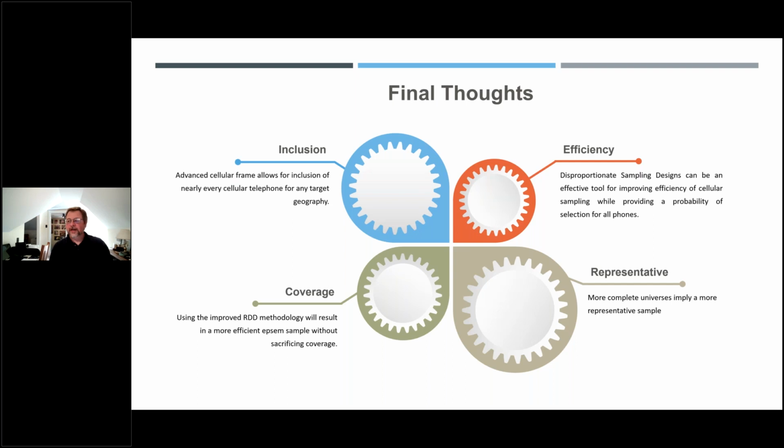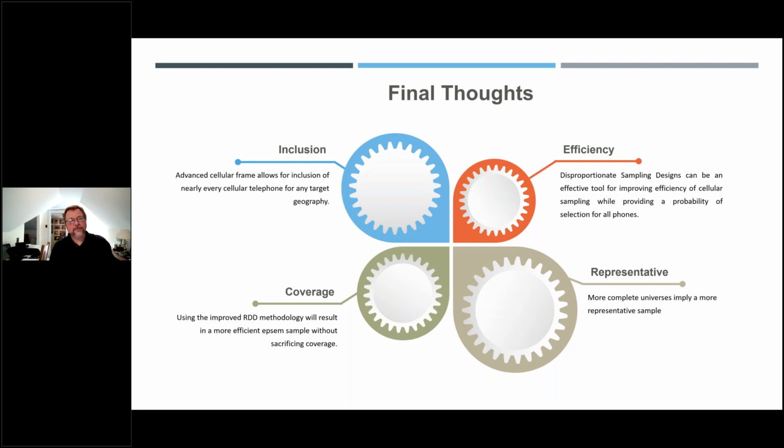But it also still provides for a probability of selection for all telephone numbers. Using the improved RDD methodology, which we talked about a few minutes ago, will result in a more efficient EPSEM sample, again, without sacrificing coverage, because we've adjusted for the migration issue, so it takes into account the net migration of people across the country.